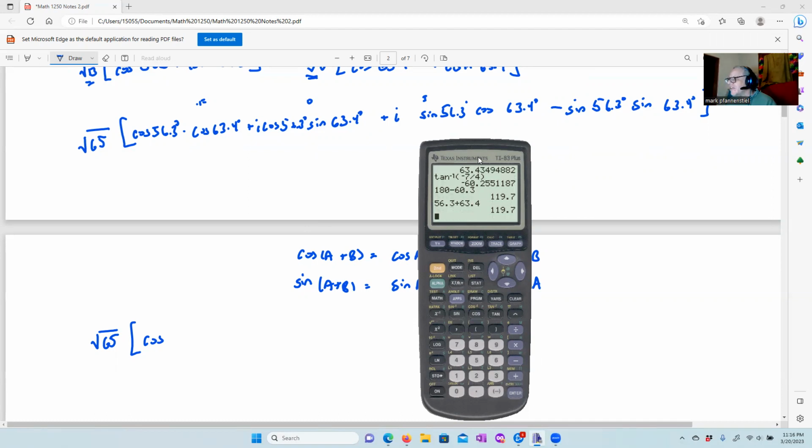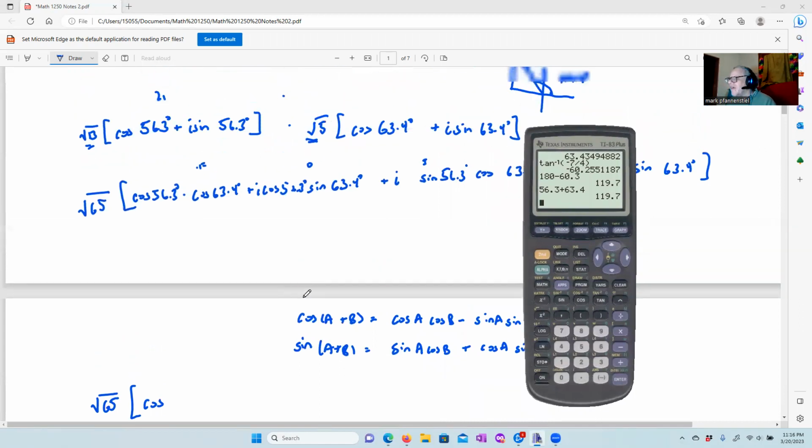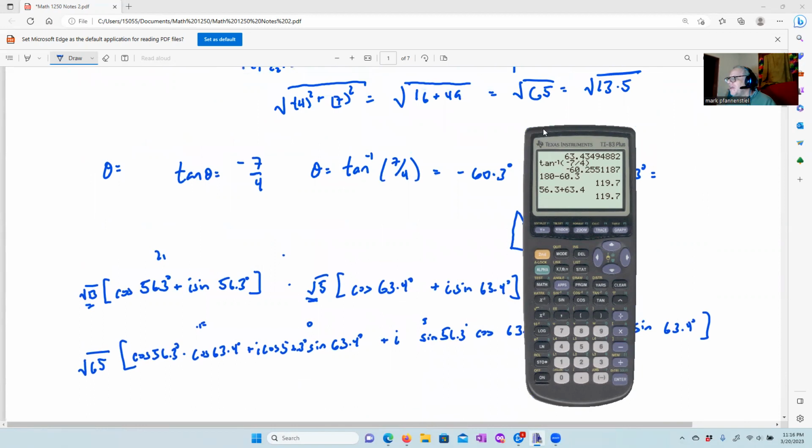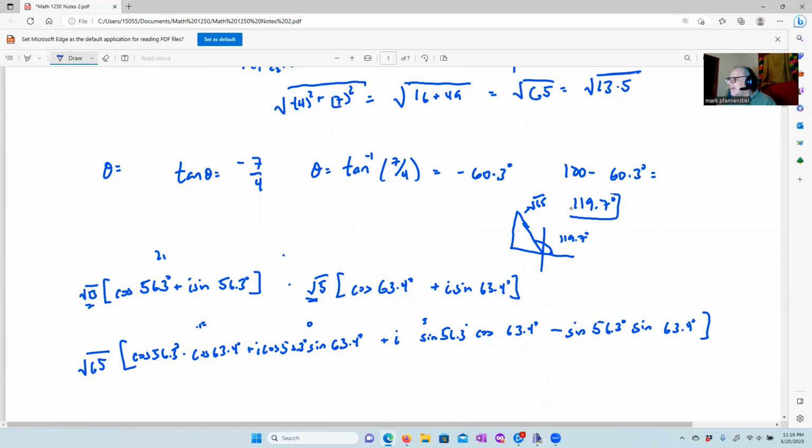We just did this to one decimal place, and we got 119.7. If I didn't know better, I'd say we have 119.7 degrees right here. Look at that.